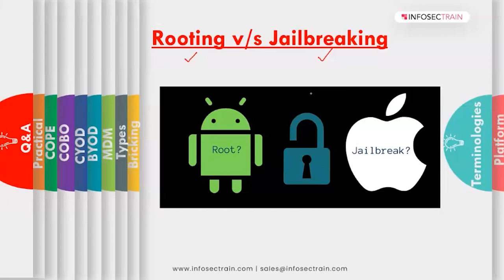You are just a normal user of that mobile phone. You can install some applications, you can use those applications and done, right? So there are some barriers, security barriers provided by the vendor of the mobile phone, right? And bypassing those barriers or removing those barriers and getting the root access of your mobile phone is known as rooting, and it's done in Android.